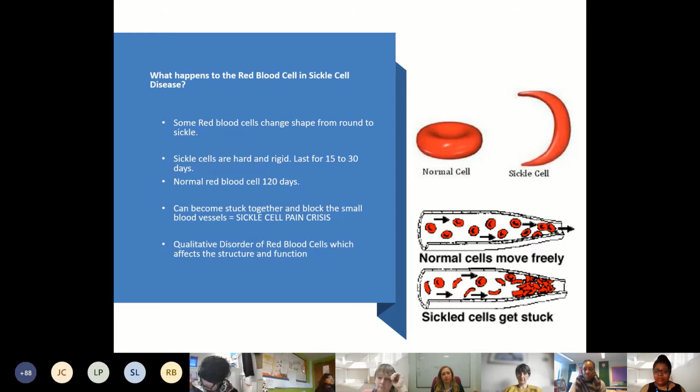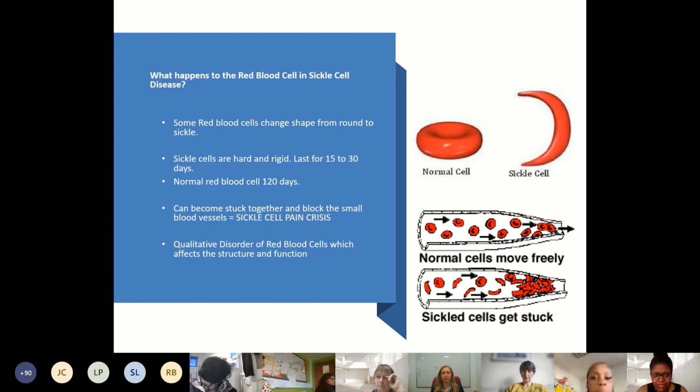For someone with sickle cell disease, you can see in the picture at the bottom that the odd sickle shape causes damage and destruction, and the red blood cells can't go through, like a traffic jam. They don't get through, so they don't carry the oxygen, and that's what happens inside the body to cause the sickle cell pain episode, the pain and discomfort that you're going to hear me talk about later.